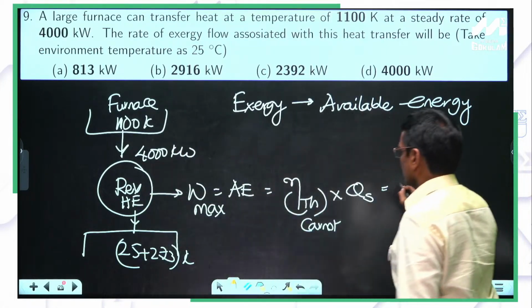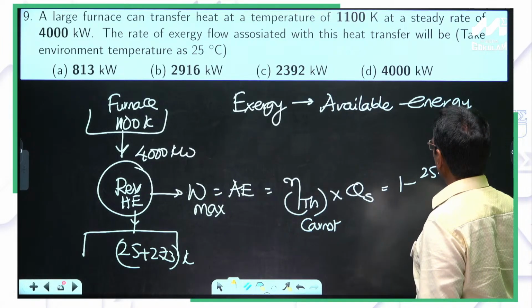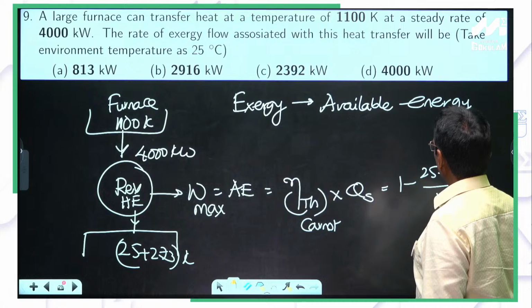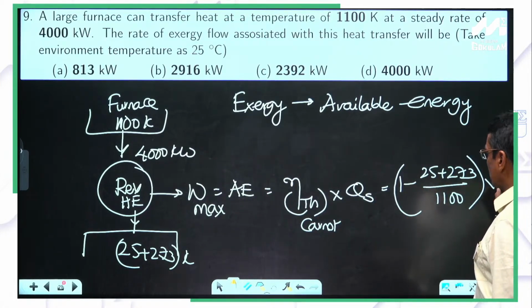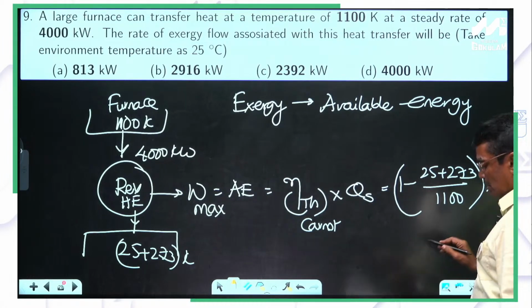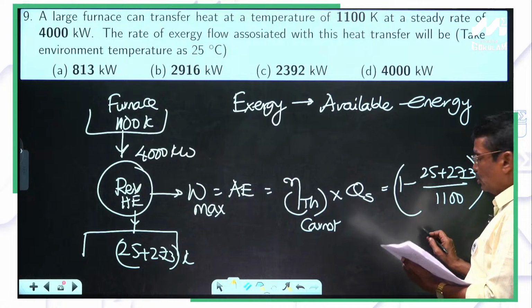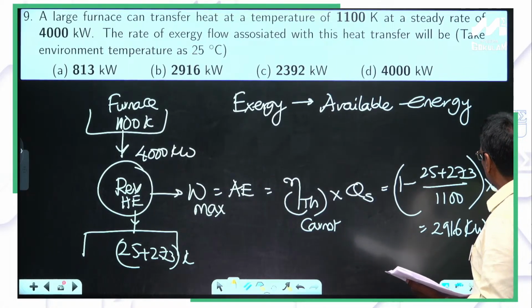That is 1 minus (25 plus 273) over 1100. A Carnot engine, a reversible heat engine, only can give us maximum useful work. Heat supplied will be 4000. Answer is 2916 kilowatts.